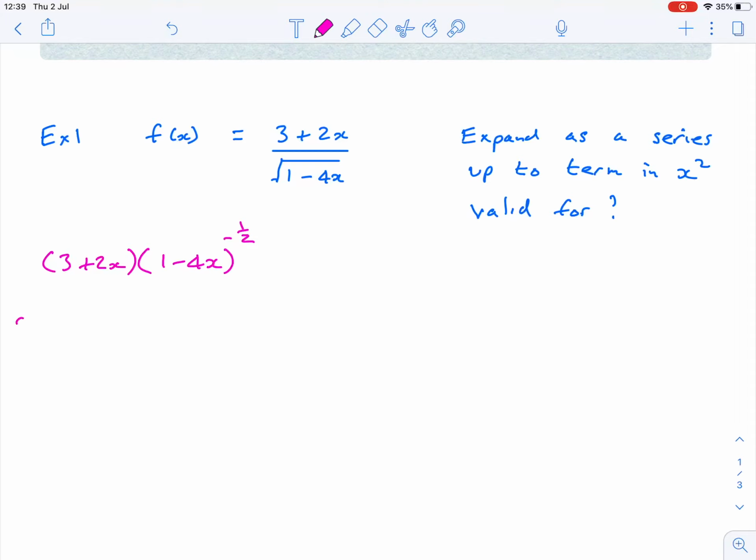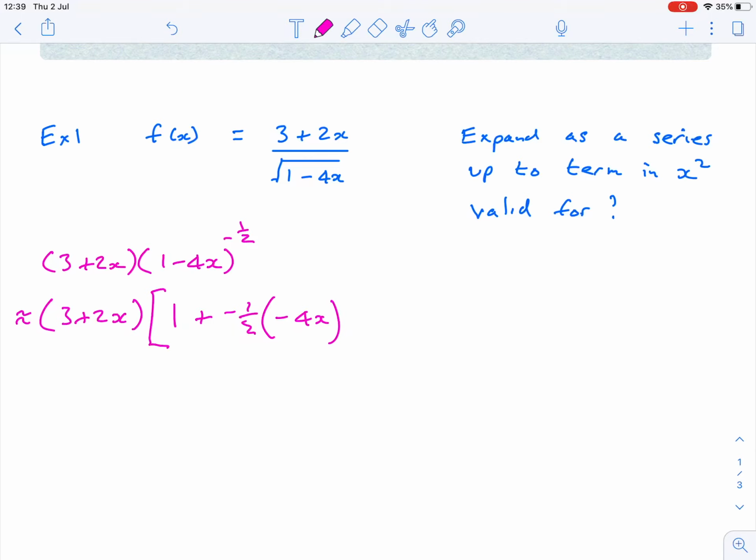And this will be approximately equal to (3 plus 2x) multiplied by the expansion of (1 minus 4x) to the minus a half. I put approximate because I'm only going up to terms as high as x squared. So I want 1 plus nx to start with. 1 plus, now my n is minus a half, and my x is minus 4x, because you've got to think of the bracket as 1 plus x.